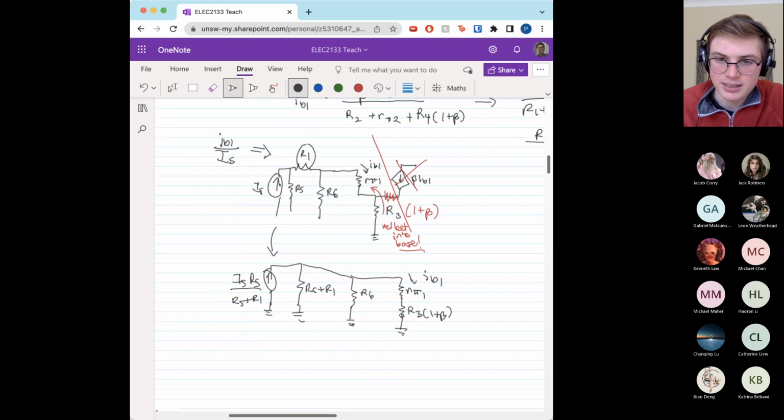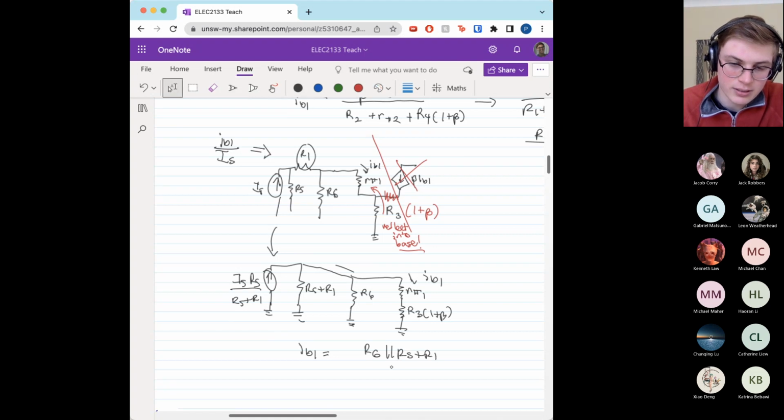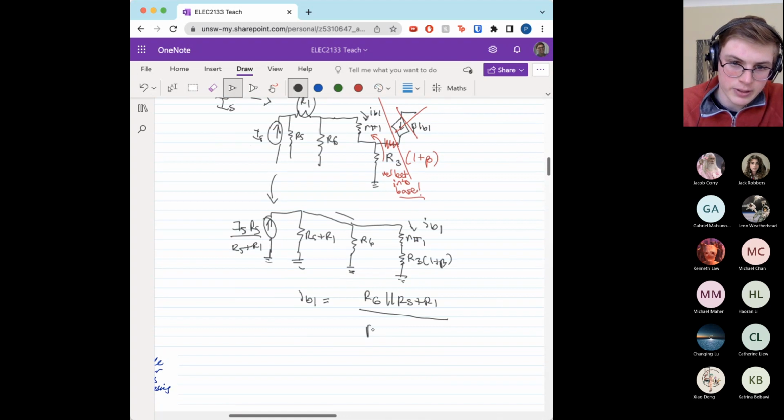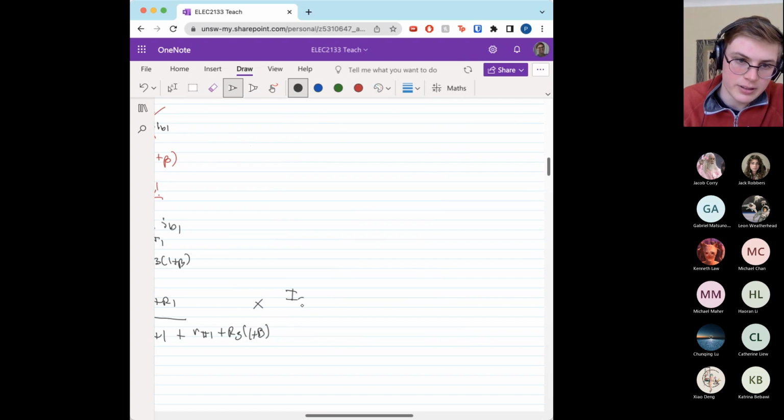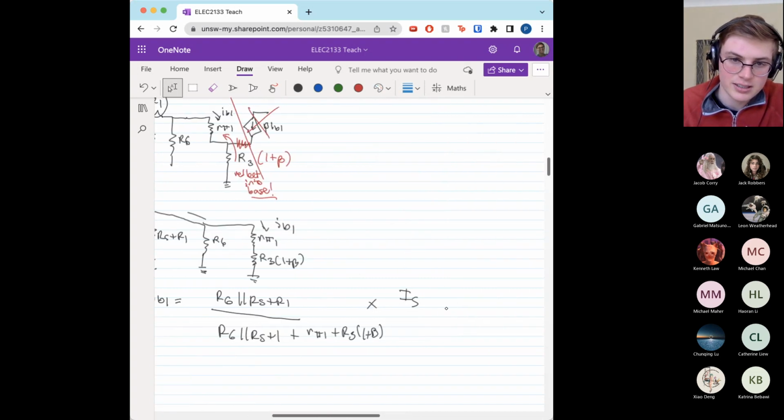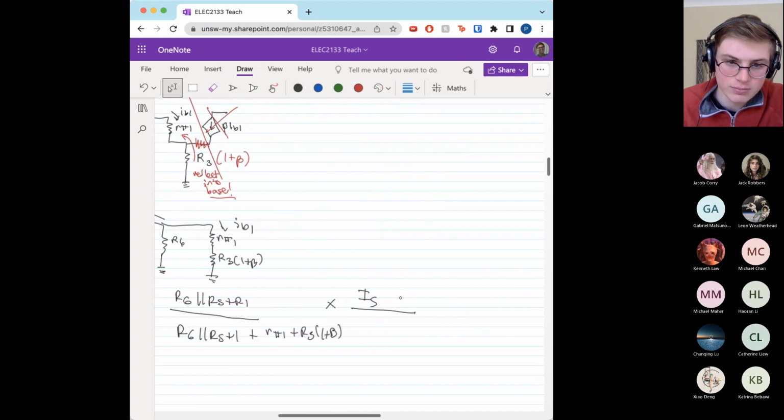So IB1 is R6 parallel RS plus R1 divided by R6 parallel RS plus R1 plus R pi 1 plus R3 times 1 plus beta, times this current, which is going to flow in and down, so we're all good for signs: IS RS on RS plus R1.